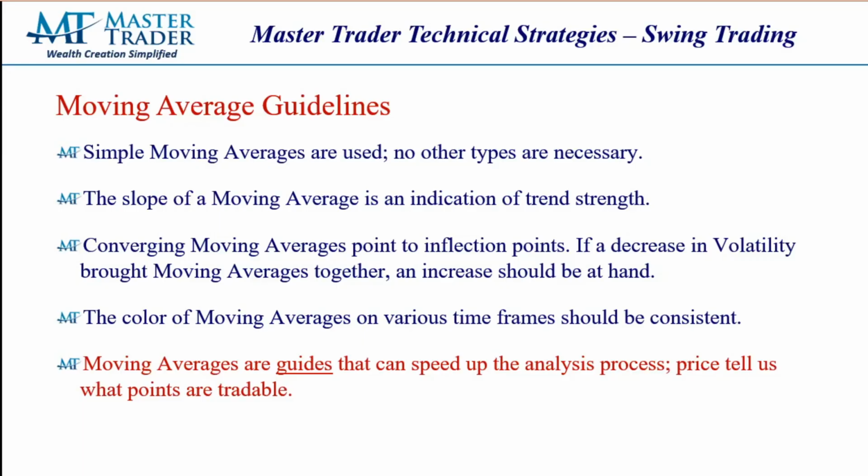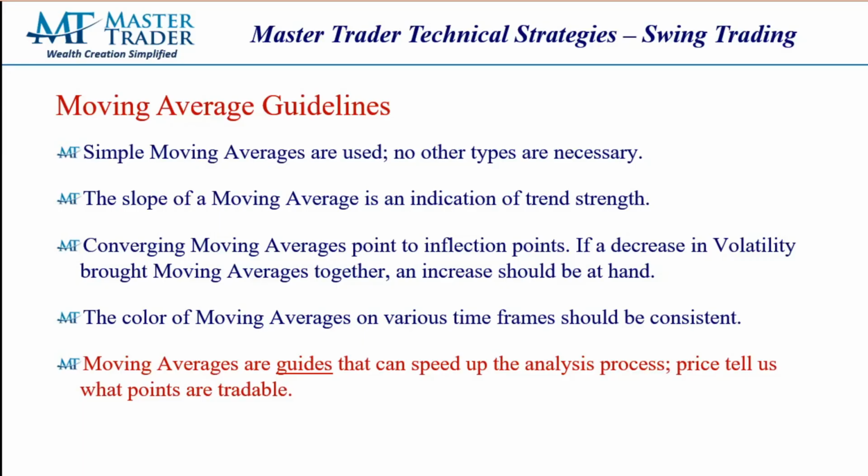So we want to watch the slope of a moving average as an indication of trend change, primarily the 20 and then the 50, since they're faster moving averages, obviously, than, say, a 200. The faster or the shorter the moving average is, the more closely it will track prices. Converging moving averages point to inflection points. Why?